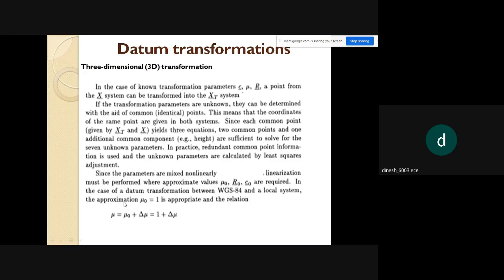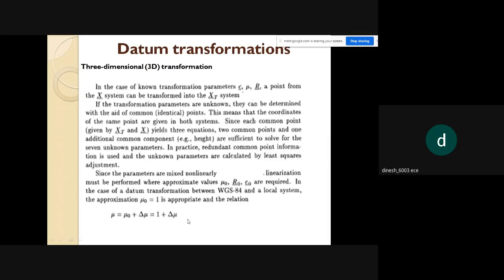Since the parameters are mixed and non-linear, we need to linearize them by approximating the values of mu naught, R naught, and C naught. In datum transformation between WGS and the local system, mu naught is always considered as 1, so mu equals mu naught plus del mu, which is 1 plus del mu.